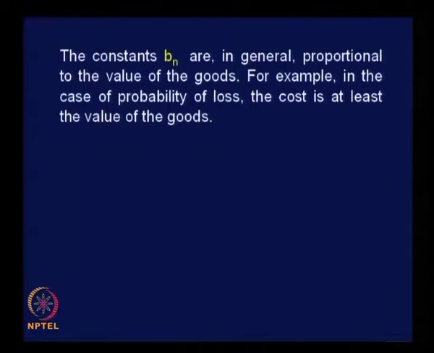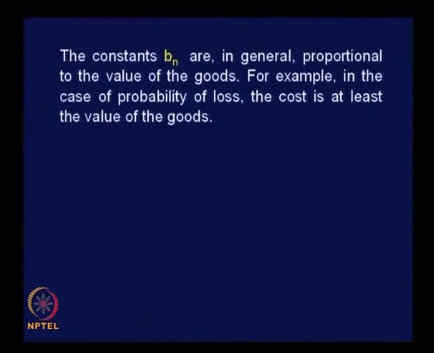The constants Bn, B1 to B4, are in general proportional to the value of the goods. If the value is high, probably the coefficients may have relatively higher value. For example, in the case of probability of loss, the cost is at least the value of the goods, isn't it?